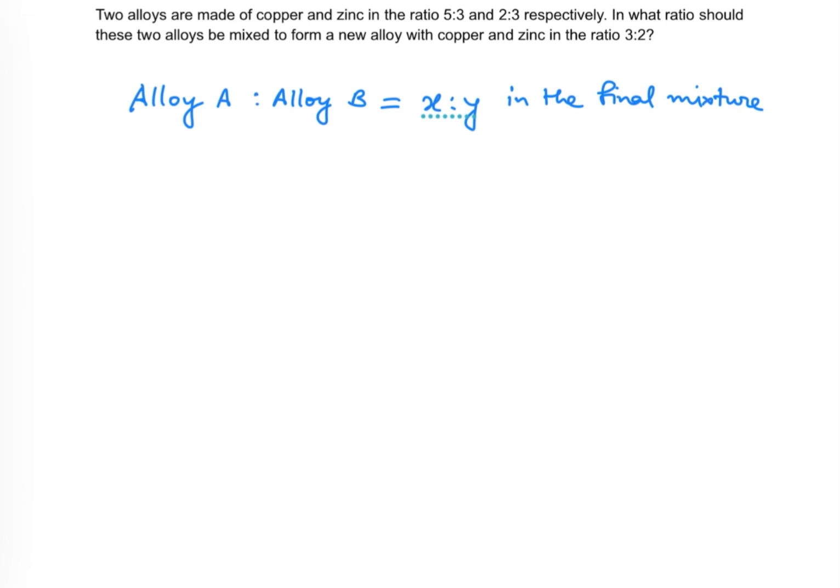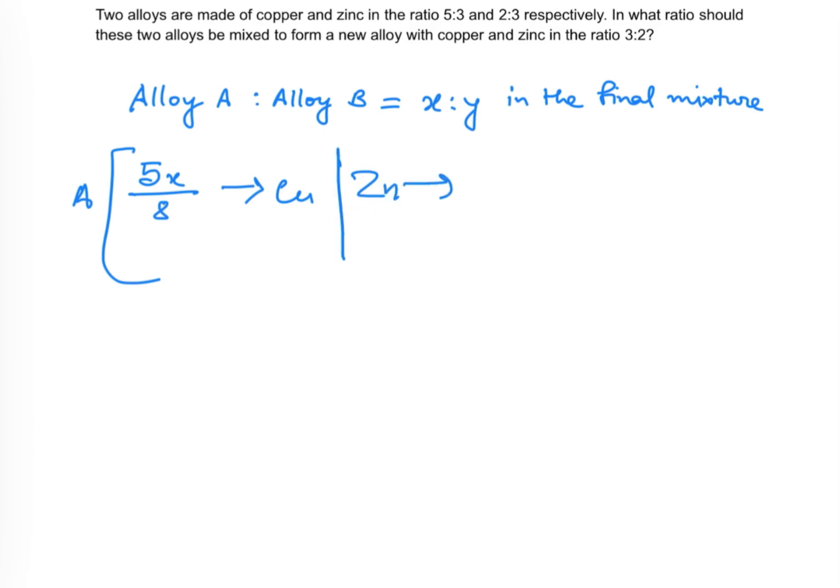So from the problem we can say that in alloy A, 5x by 8 is copper, and zinc is 3x by 8.